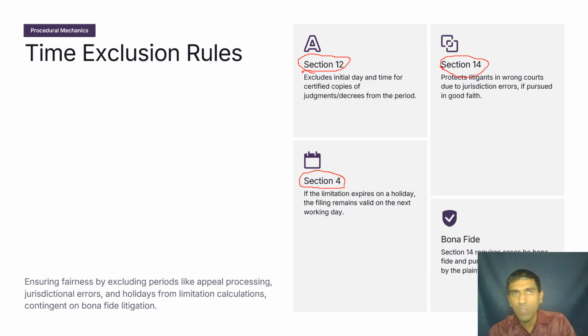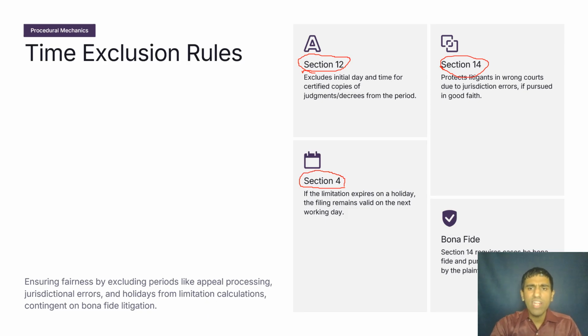If the limitation period expired on a holiday, obviously it's not your fault that the court was closed on that day, so you couldn't file the case. So a concession is allowed for you to file the case on the next working day immediately. Of course, on the next working day immediately, not the working day after that or after that, to ensure that you take your case seriously.